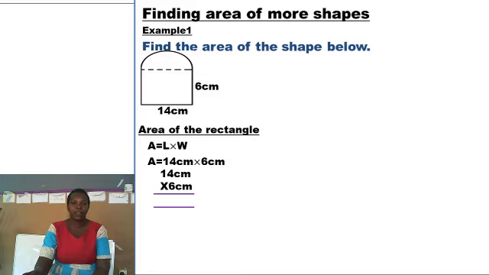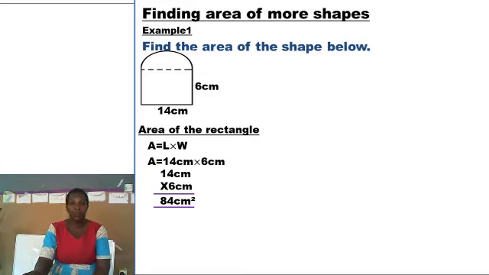What is 6 times 4? 6 times 4 will give us 24. We shall regroup a 2. Then 6 times 1 gives us 6 plus 2. We come up with 84 square centimeters as our area of the rectangle.